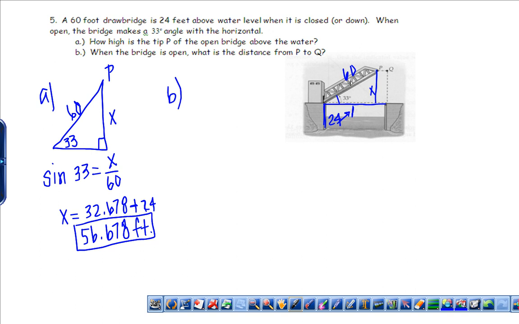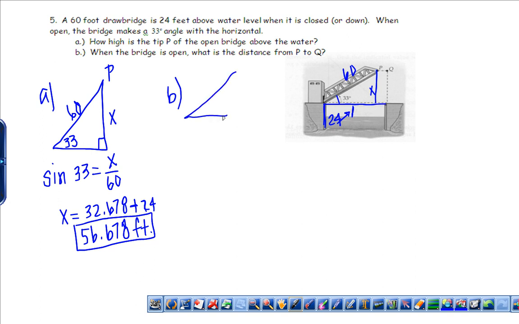And there is a reason why. Remember, when the bridge is opened or closed, this is 60. If I find only this distance right here, I can subtract it from 60 and I will know this. Does that make sense?